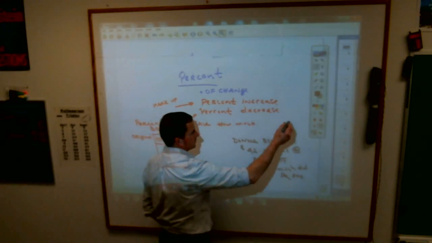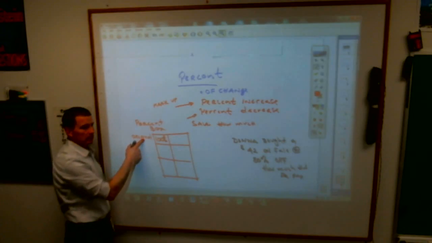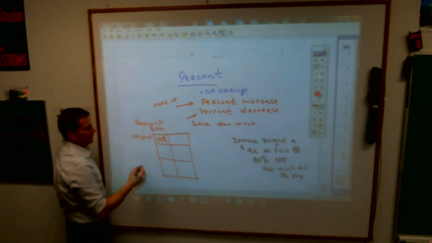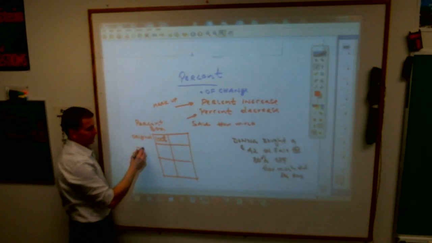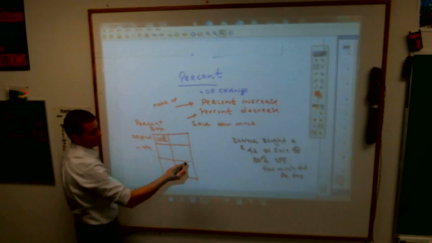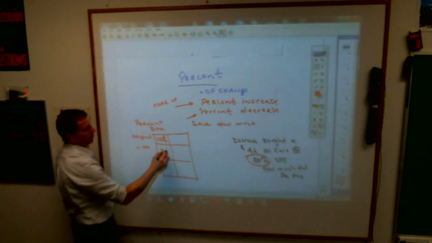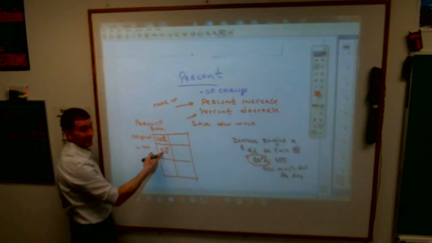Okay, so the original is the 100%. If it is a decrease, a sale, then you subtract whatever percent off. How much off was she getting? 30%. And then your final price is whatever 100 minus 30 is.